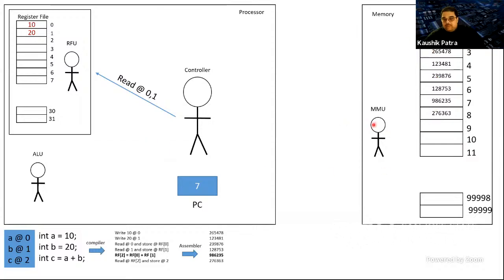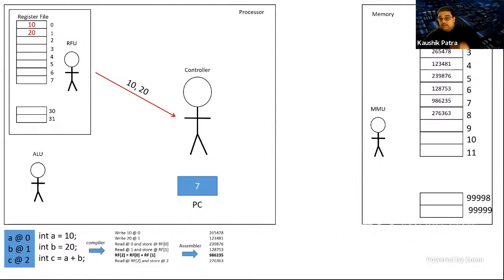Remember, in the memory, we can read from only one address at a time. But for the register file, it is possible to read from 2 addresses concurrently. So we can issue an instruction to the register file unit: hey, read from these 2 different addresses together and give me the results back simultaneously.